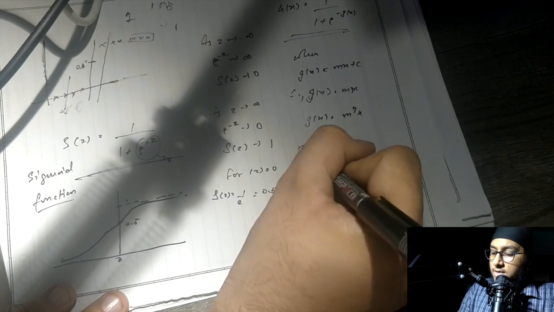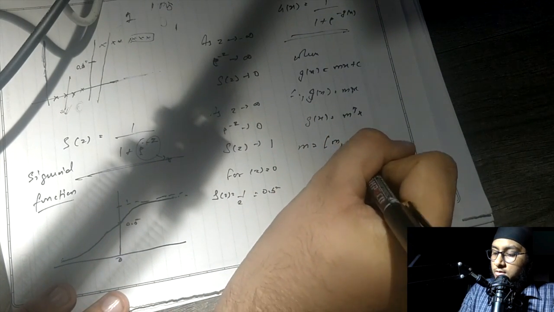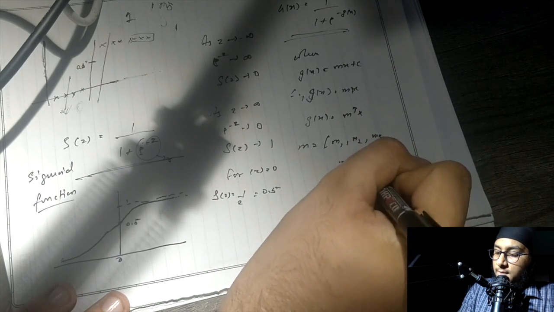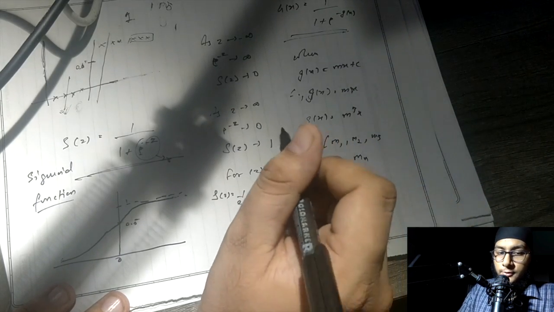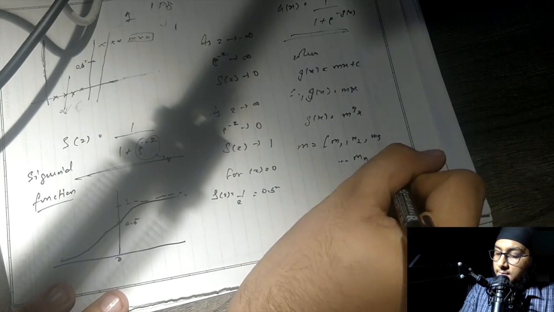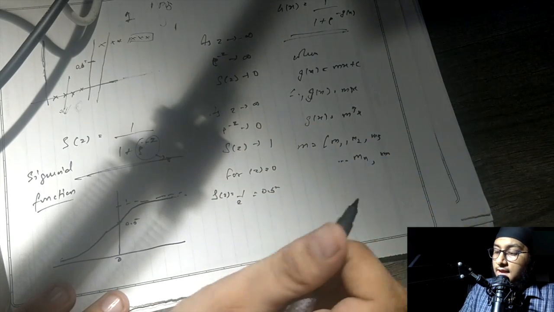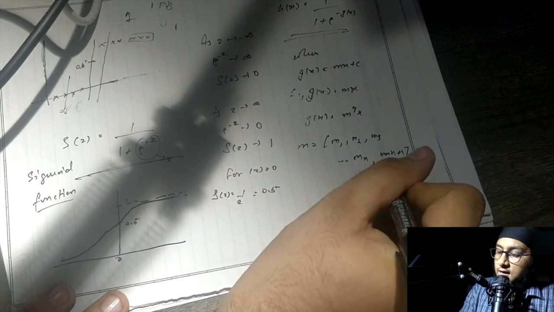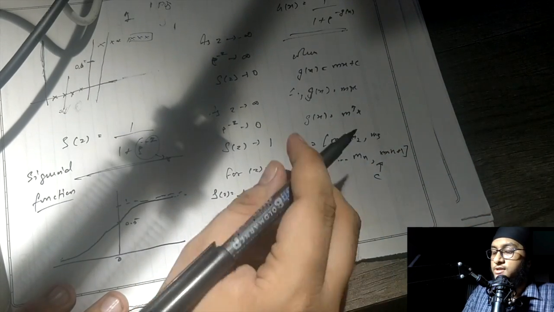Where m equals m1, m2, m3 till mn, and mn plus 1, which is our c value, the coefficient we just ignored.